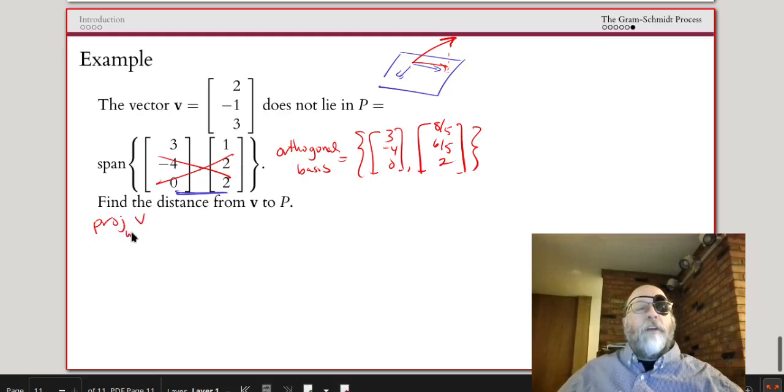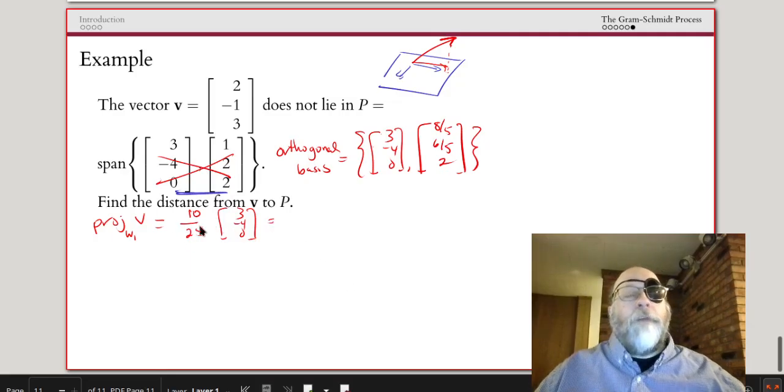The projection of V onto W1 is 2 times 3 is 6, plus 4 is 10. And the dot product of this vector with itself is 9 plus 16, which is 25. So that's 10 over 25, which reduces to 2/5. That's 6/5, negative 8/5, and 0.